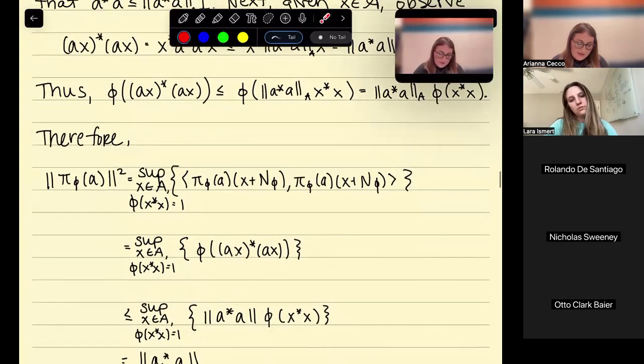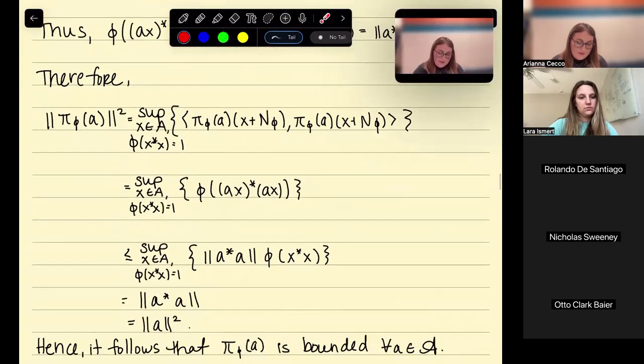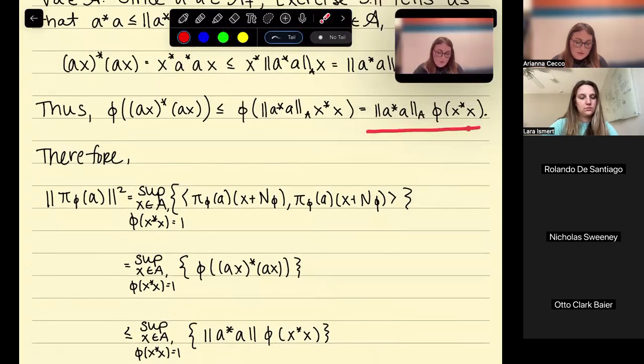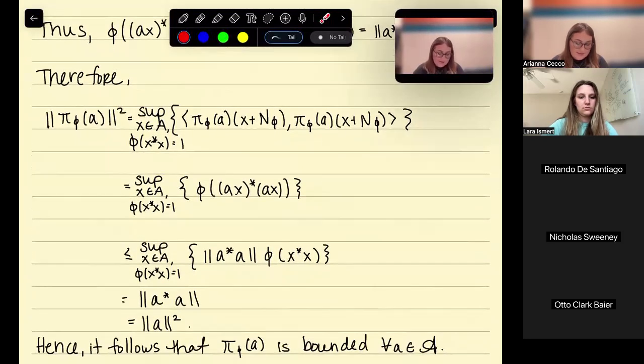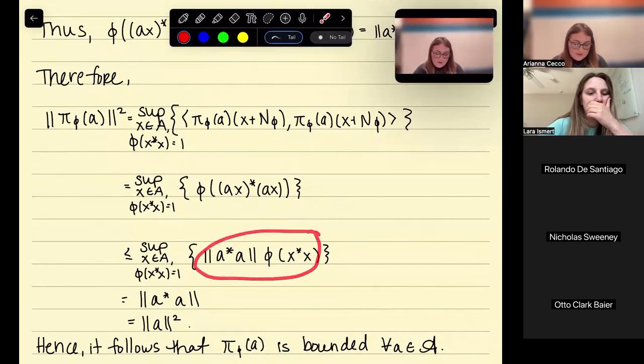Anyways, so we get that this inner product is equal to, just by definition of the inner product, phi of this element. All right, and then from the inequality above, we get that this is less than or equal to the supremum over x in A of all of this.